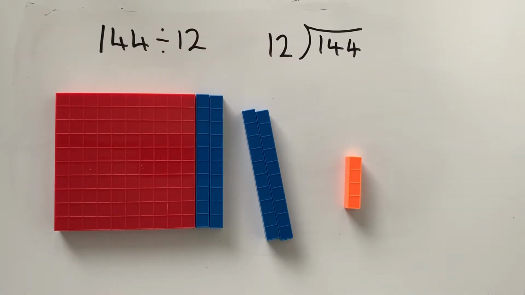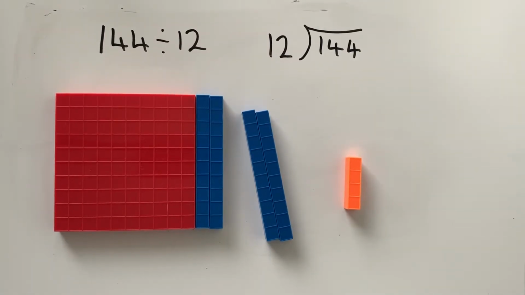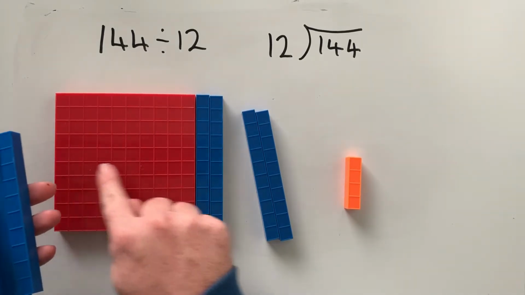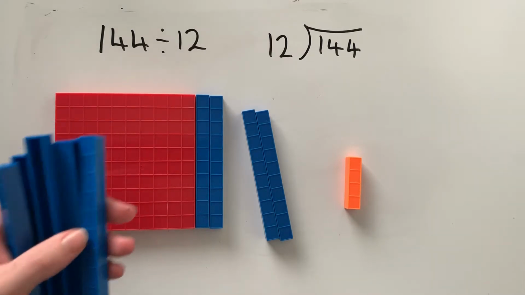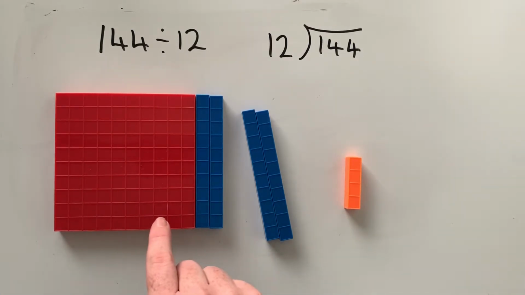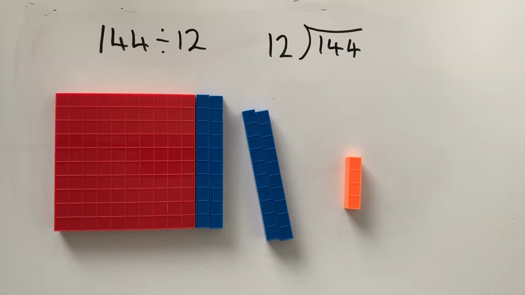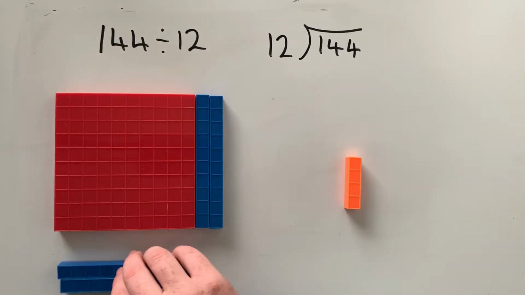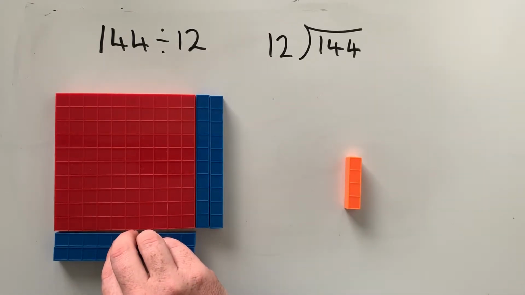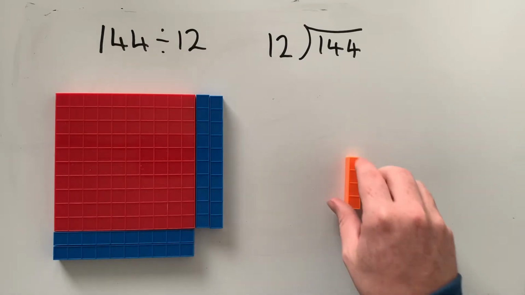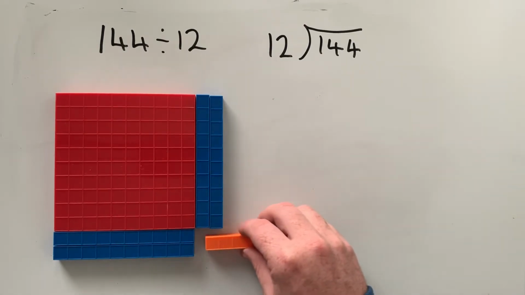Now what I could do is I could use all my tens blocks to represent it that way, but I'm just going to take a shortcut and use the hundreds block in the place of 10 tens that would be running along vertically. So I've built 12 across, and now I need to use the rest of mine to complete the rectangle, just like multiplication.